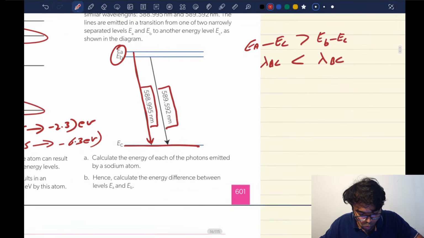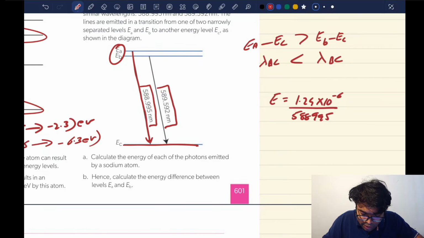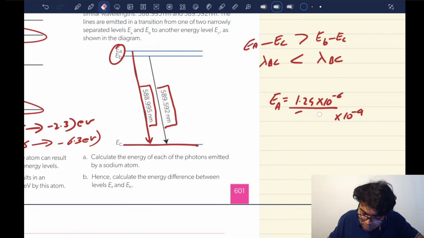You only need to answer that in electron volts. You do the same thing: 1.24 into 10 to the power minus 6 upon 588.995 into 10 to the power minus 9. This will be EA.